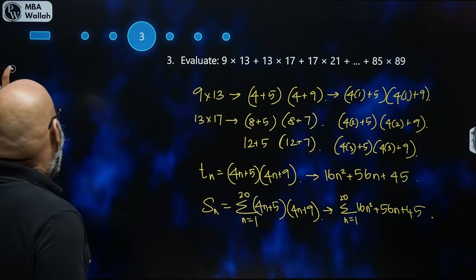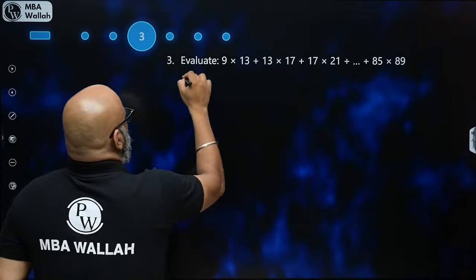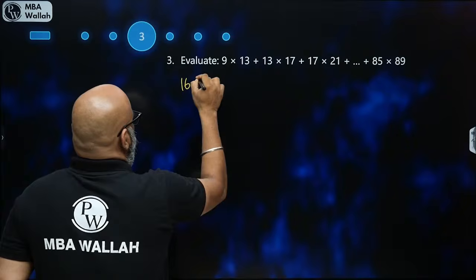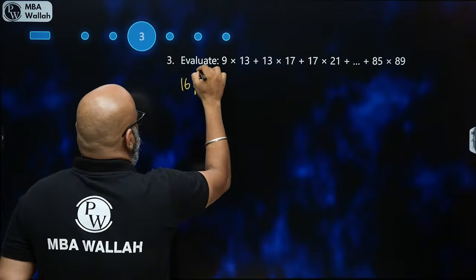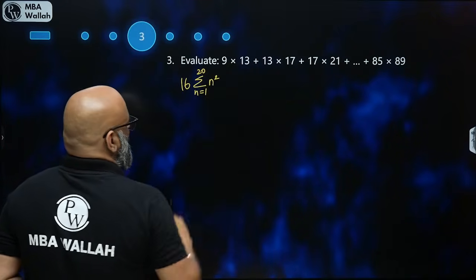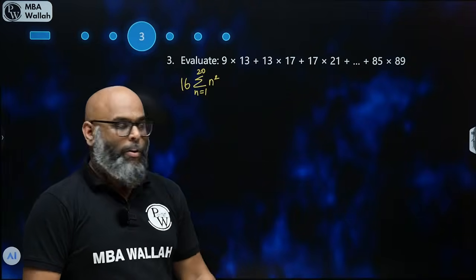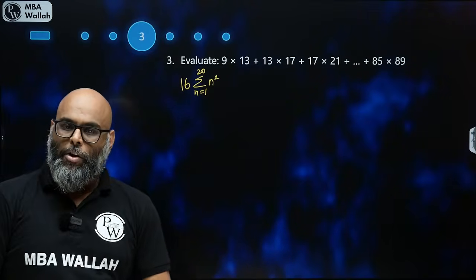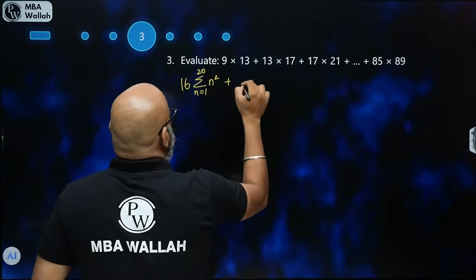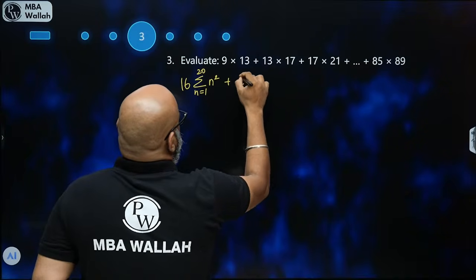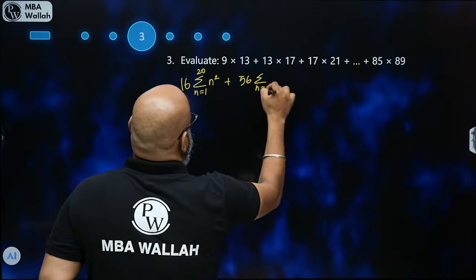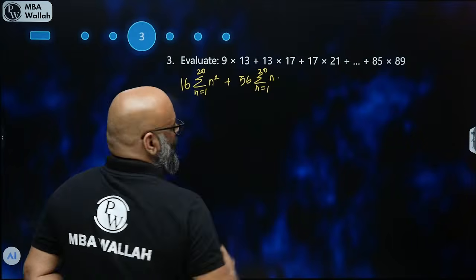Or from here we can take it to 16, I can take it out common. Summation of n equal to 1 to 20 of n square, because 16 is a constant, you don't have to do summation for that. Take it out, do the summation of n square. Plus 56, take it out, summation of n equal to 1 to 20 of n.